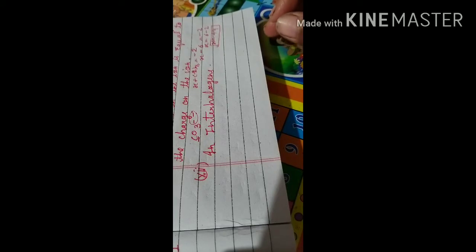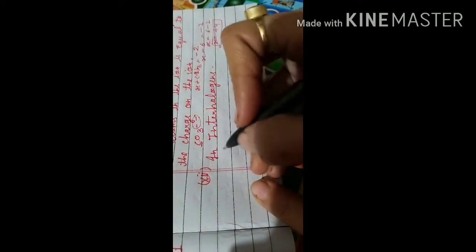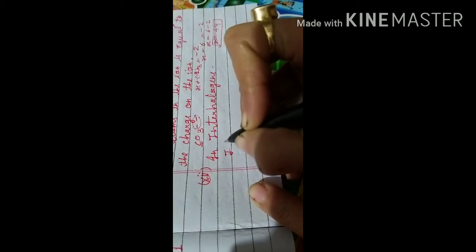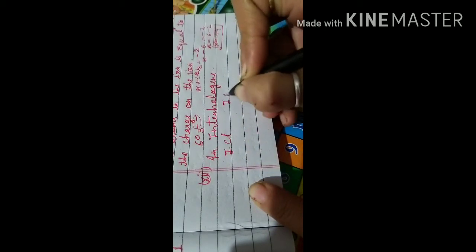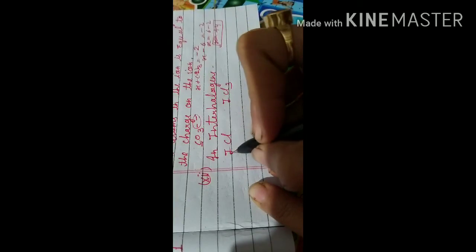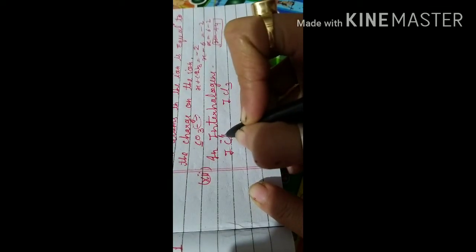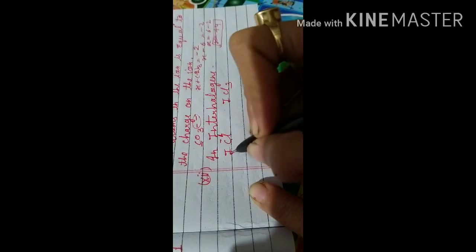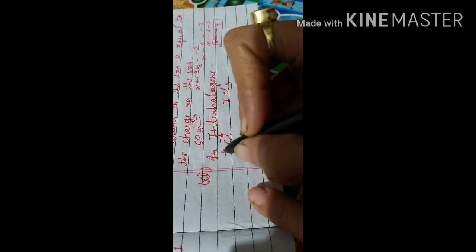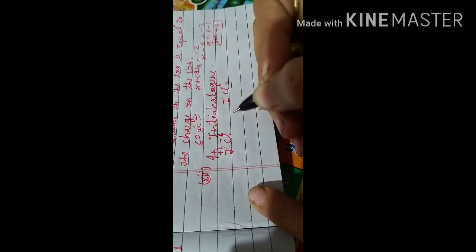Now the next, in case of interhalogens, most probably all the halogens have -1 oxidation state. But in interhalogens, what happens? Suppose I have taken ICl3. The element which is more electronegative acquires the negative oxidation state, -1.